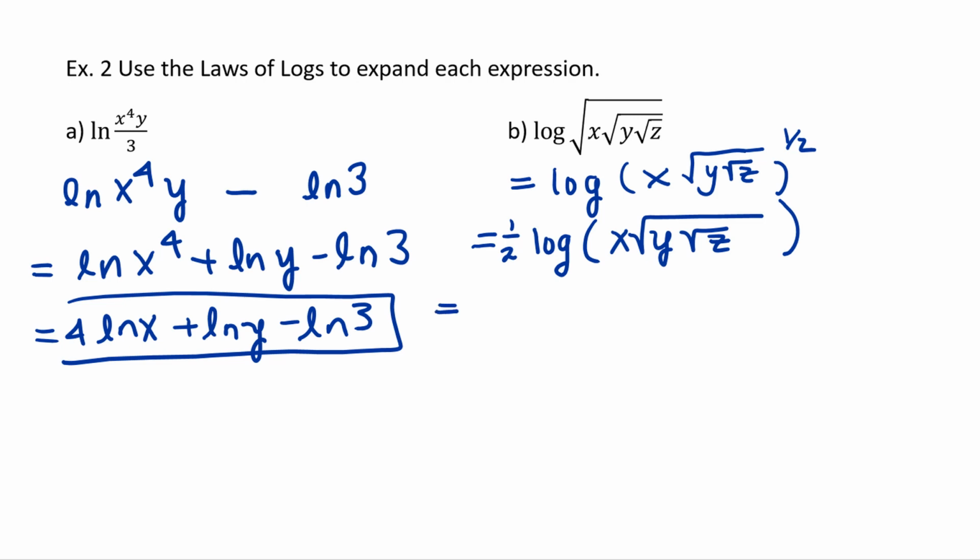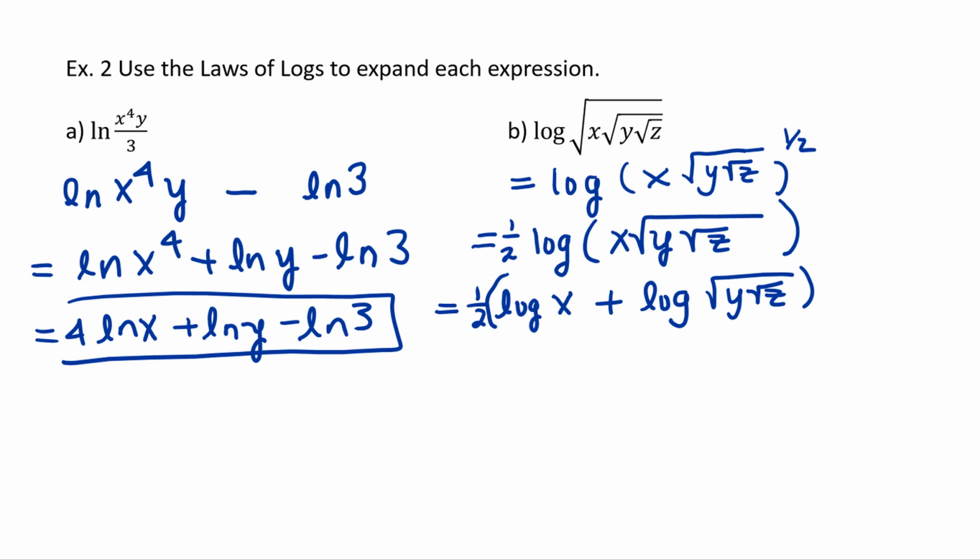So this will become 1/2 times the log, and then here we're going to write this as the log of x plus the log of the square root of y times the square root of z.